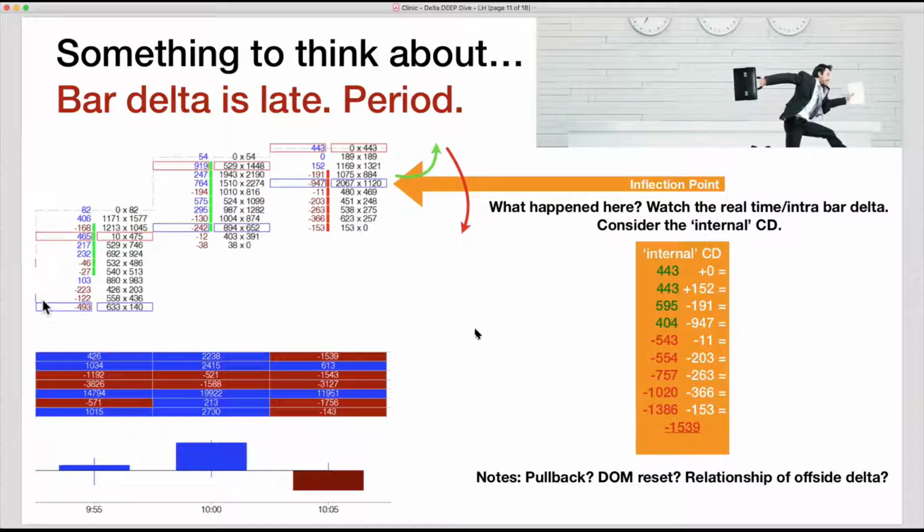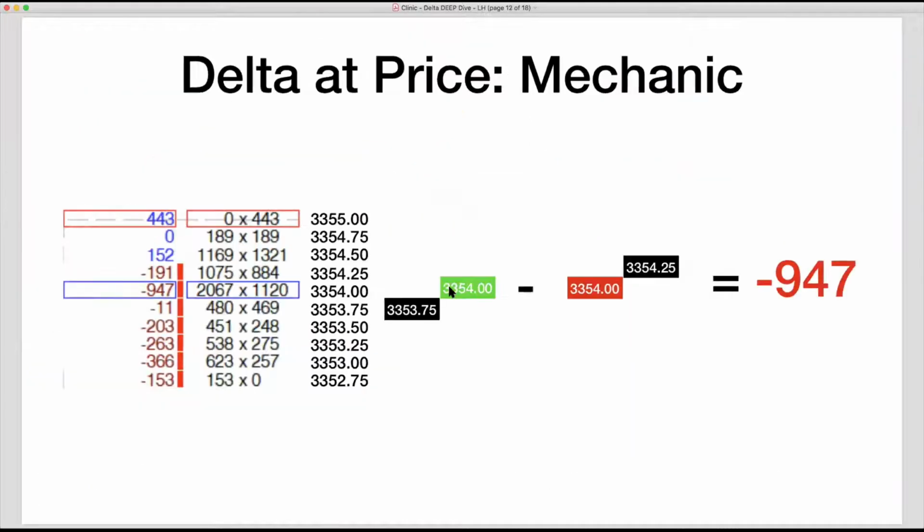Now, in order to explain this internal cumulative delta, what I've been looking at is the delta at each price level. I refer to this as delta at price. Let's quickly look at the mechanic, and we'll use the same candlestick to explain this. We'll use this inflection point price where we changed from net positive to net negative.